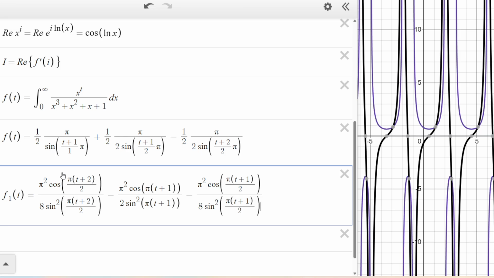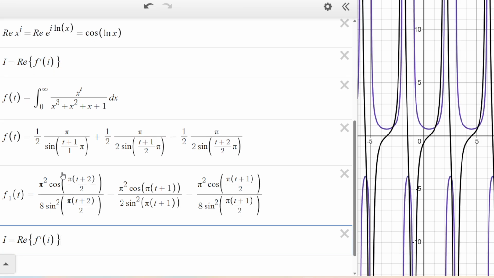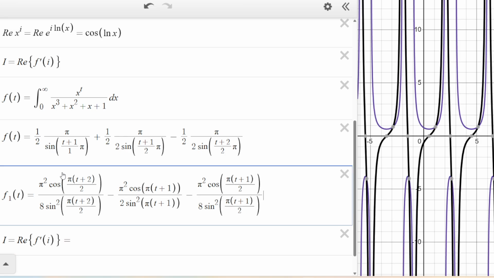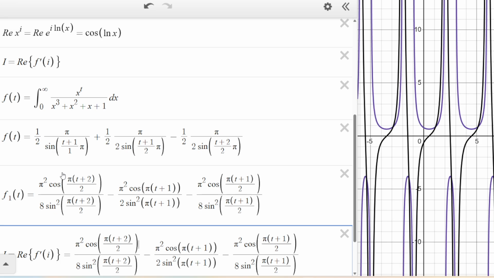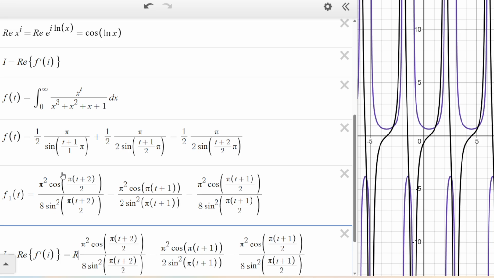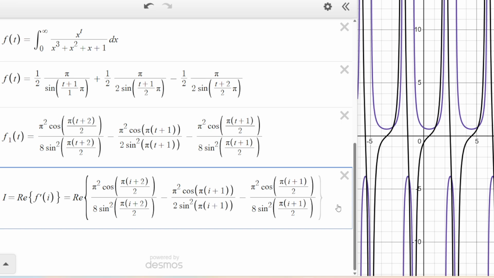All right, so now, let's see. This is f prime of t, so now we use the fact that the integral is equal to the real part of this thing evaluated at i. So we're taking the real part of this thing evaluated at i. And for this part, I am going to use artificial intelligence to actually take this.